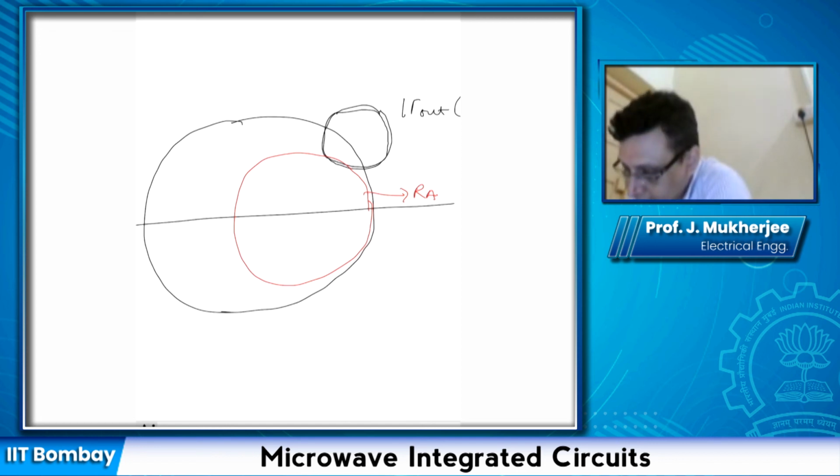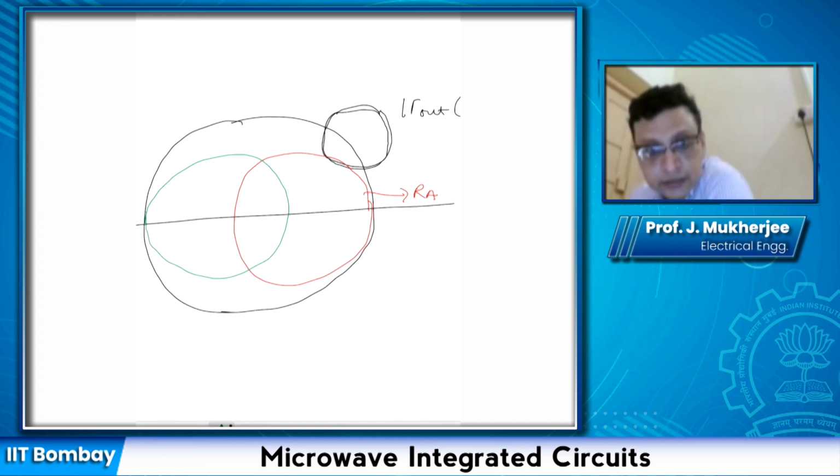Okay, and say this is a constant conductance circle, and say the value of conductance is 1 upon Rb, and say our output stability circle just touches this one.